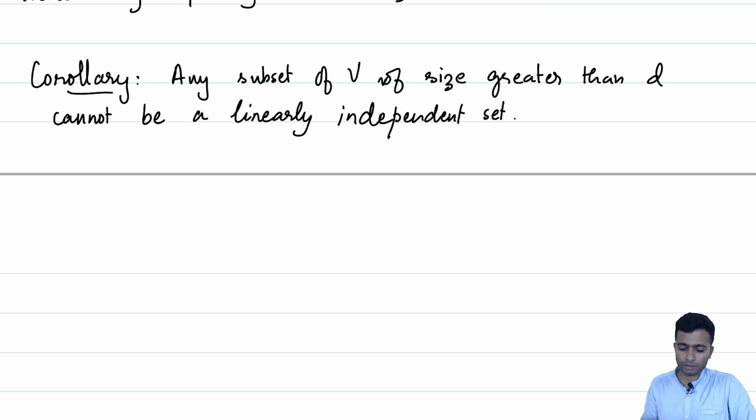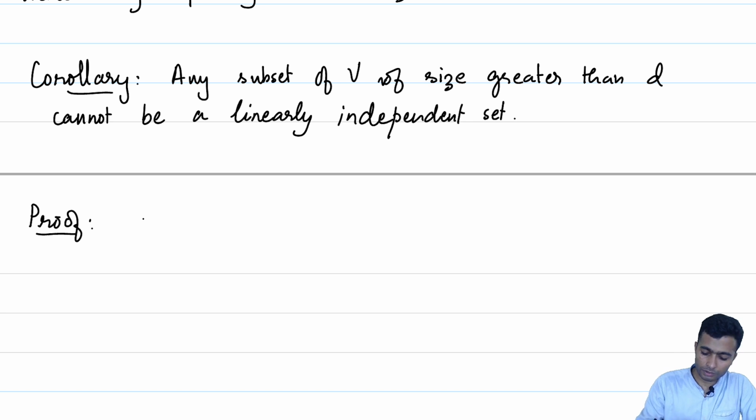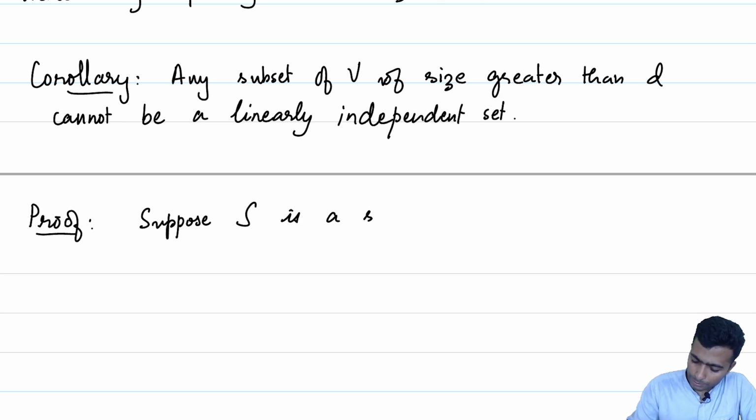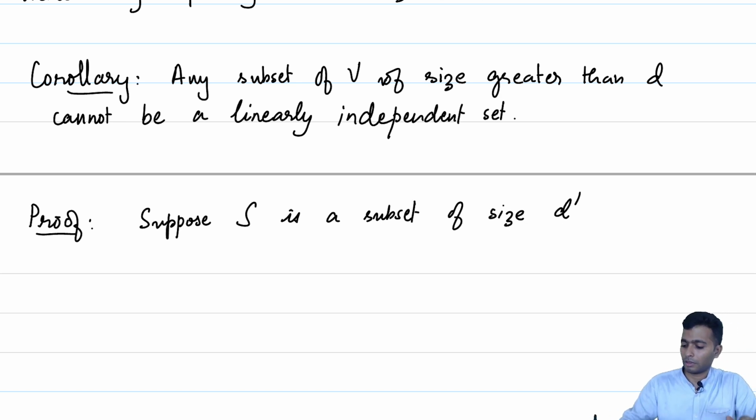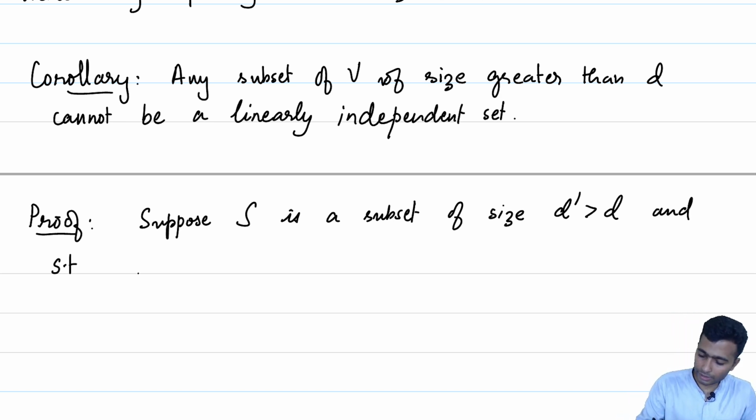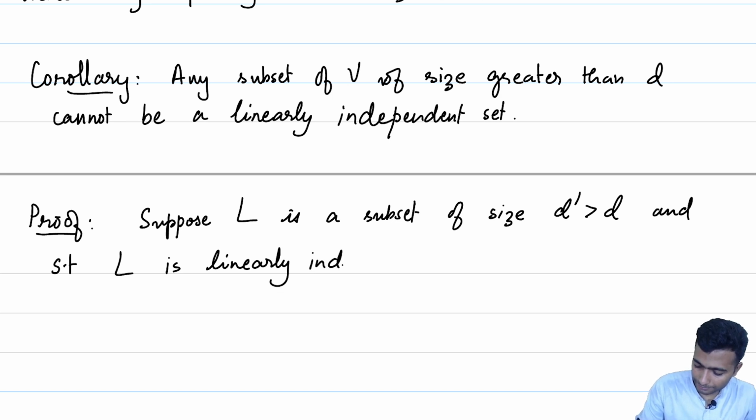Let us first prove it when S is finite. So suppose, again we will prove it by contradiction. Suppose S is a subset of size D prime which is greater than D and such that S is, so let me just rename it, let me call it L. L is linearly independent.